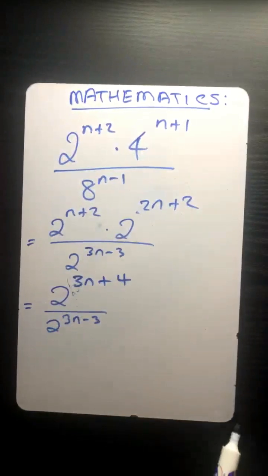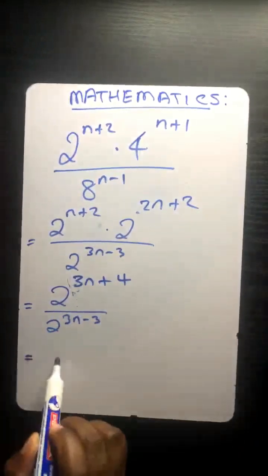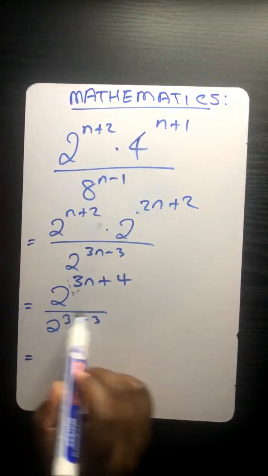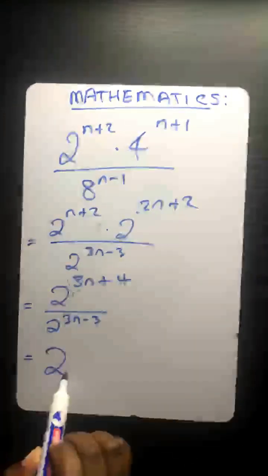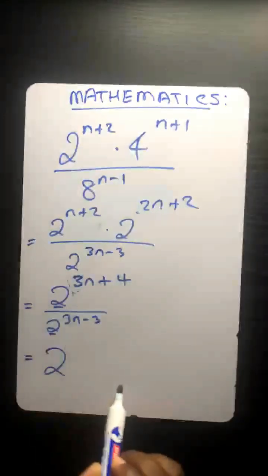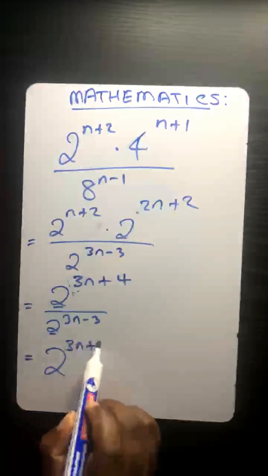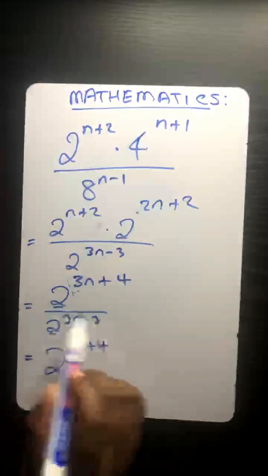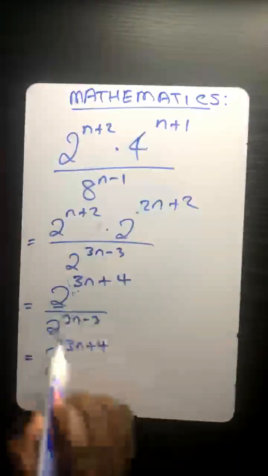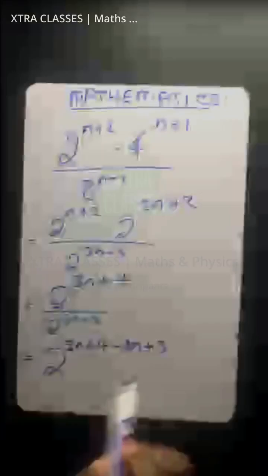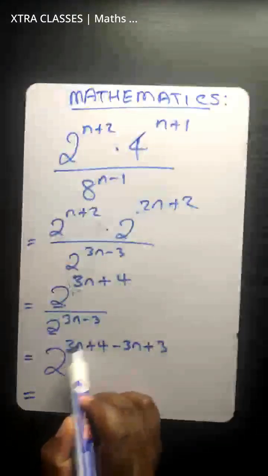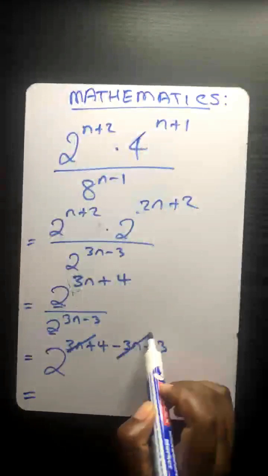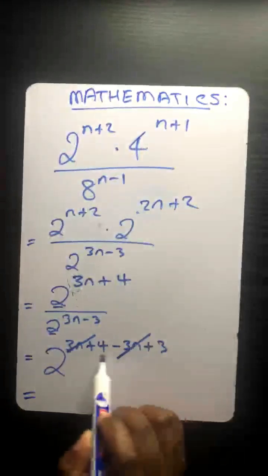Once you have done that, the next step, you take this to the top and you just have that 2 because it's the same base. Then you write that as it is. These are the divisors, you know they change the sign. That changes the sign, and you end up having this cancelling with that, and that plus that being 7.